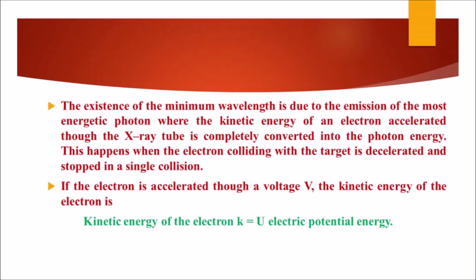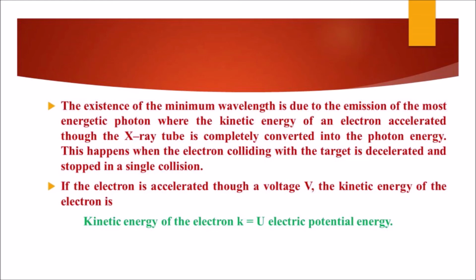The existence of the minimum wavelength is due to the emission of the most energetic photon, where the kinetic energy of an electron accelerated through the X-ray tube is completely converted into photon energy. This happens when the electron colliding with the target is decelerated and stopped in a single collision.